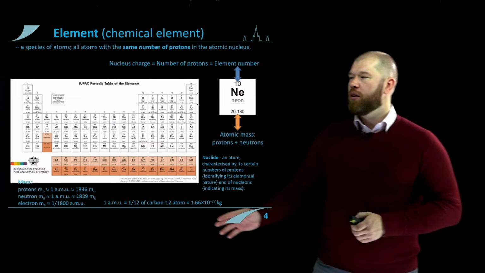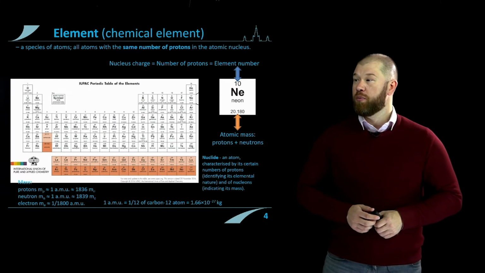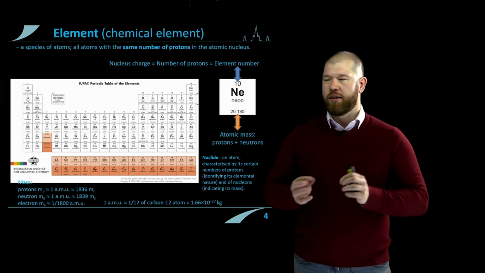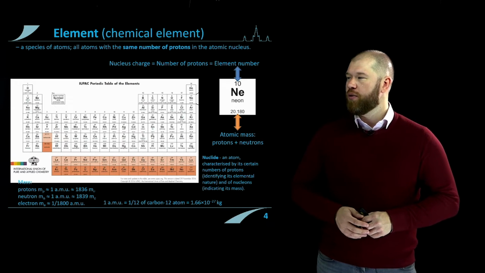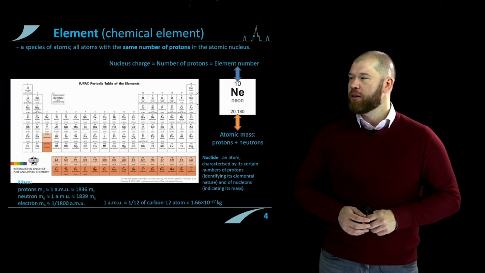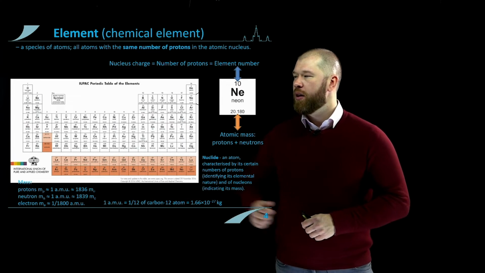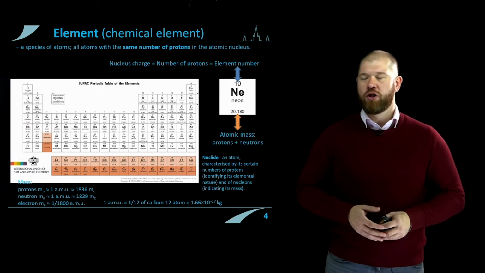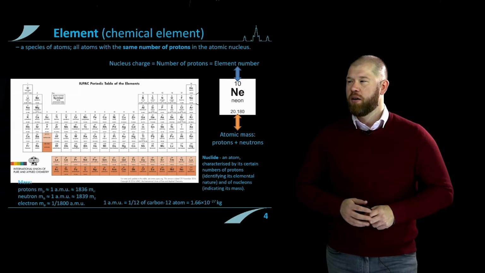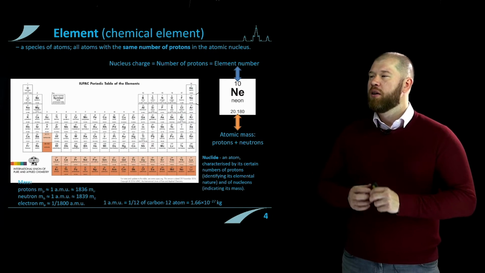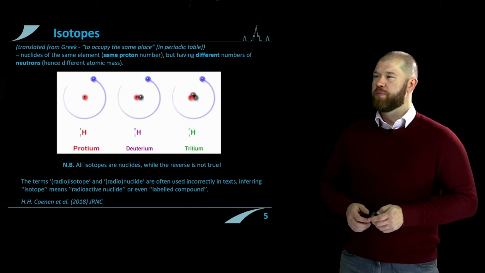And here you can see the comparison in masses of neutrons and protons. You can see the exact numbers, 1836 and 1839 for protons and neutrons respectively, and you see how small the electron mass is. And by definition, the atomic mass unit is 1/12 of the mass of the isotope carbon-12, and there is this number in kilograms for information.